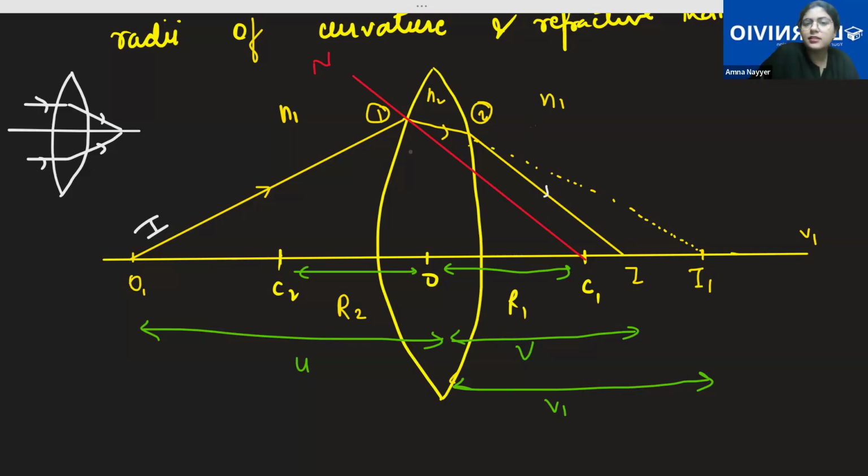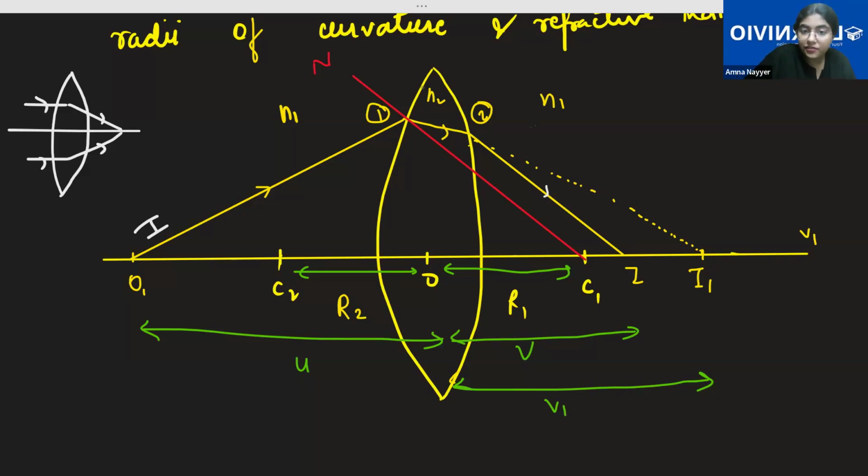So treat it as a spherical refracting surface at one point and another spherical refracting surface at another point. And the numerical which we did, the exact same steps we'll be doing here. It's just that we'll be deriving a formula and concluding it in a manner which is favorable to us. So this is the ray of light. Now it will bend again and here you will get the final image.